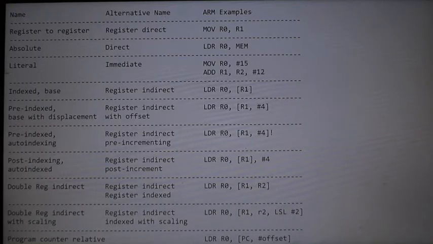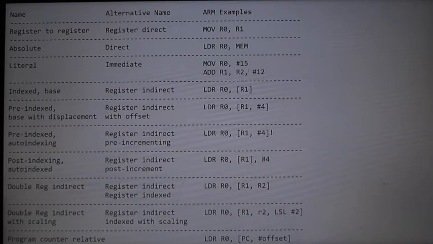Then we have literal addressing or immediate addressing. Here, let's say the decimal number 15 is immediately put into register R0. The next instruction is something like add.